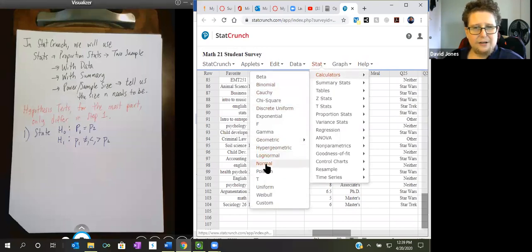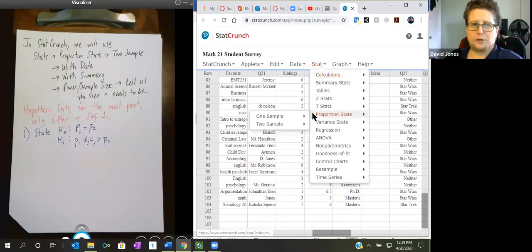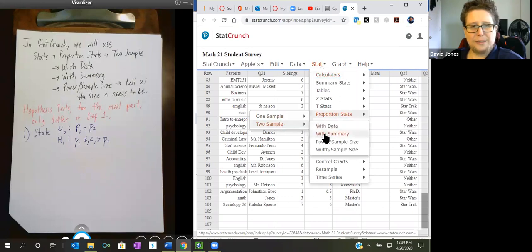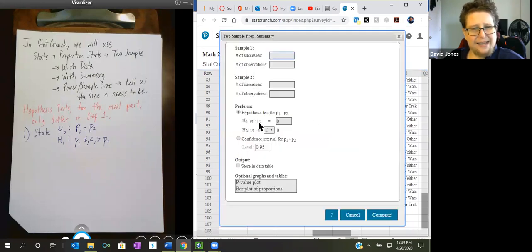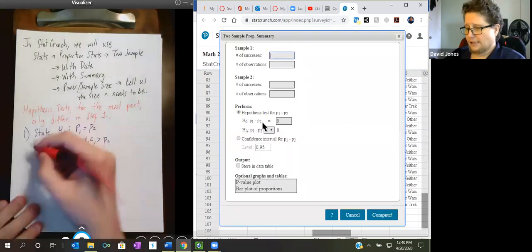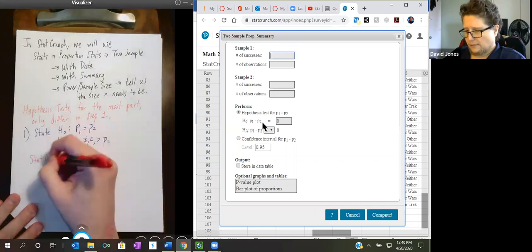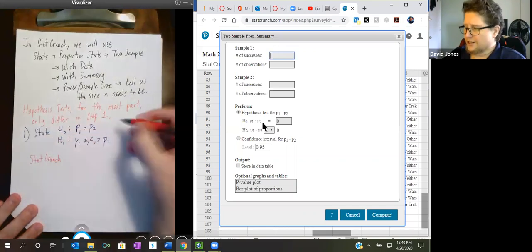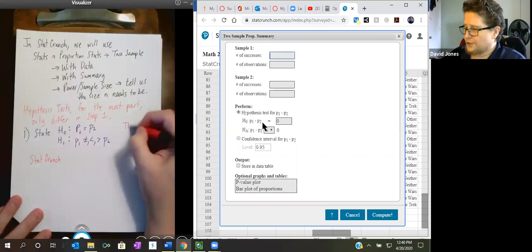Stats, Proportion Stats, Two Sample with Summary. Here, notice it says P1 minus P2. So StatCrunch, what they do is they subtract P2 from both sides.